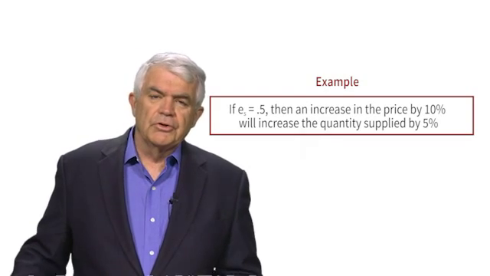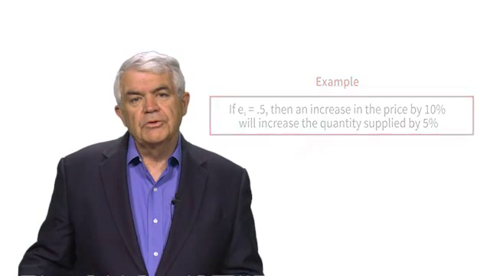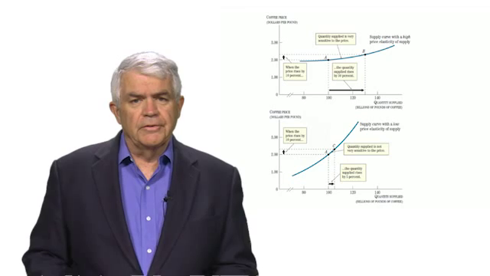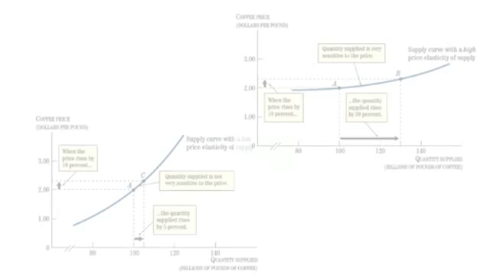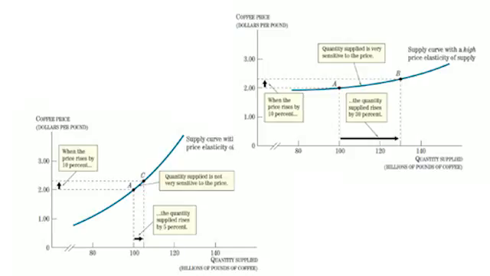You can also illustrate it with the curves. Let's look at the supply curves. These are the upward sloping lines that we've discussed earlier. I'm comparing two different price elasticities of supply in this diagram. In the top diagram, there's a situation with a very high price elasticity of supply.